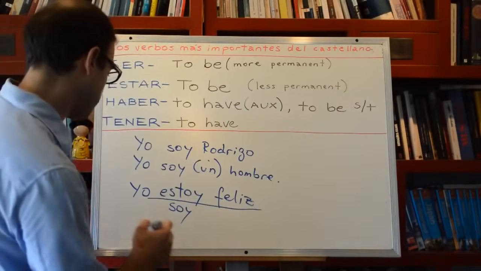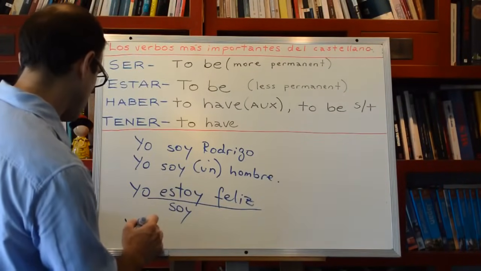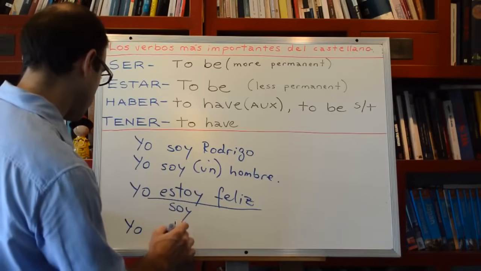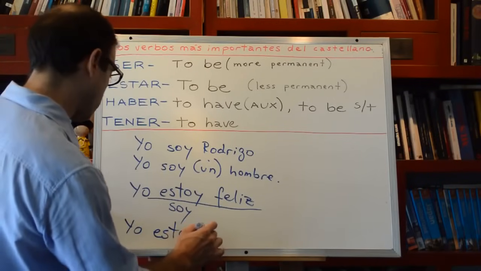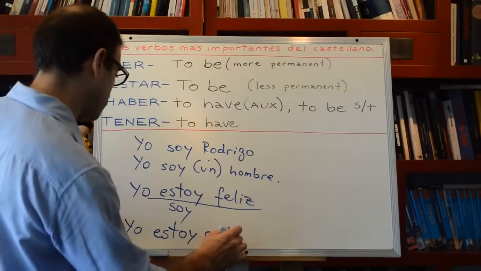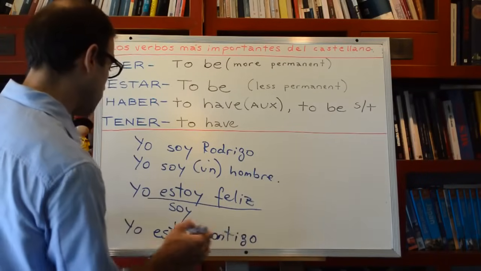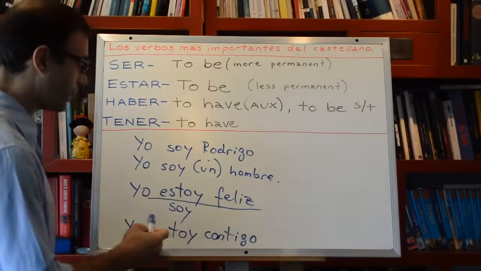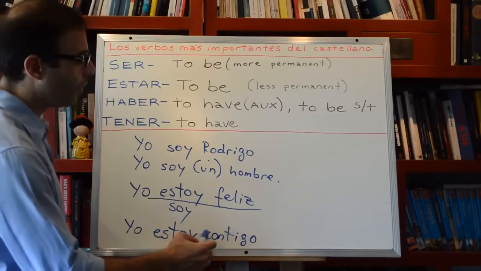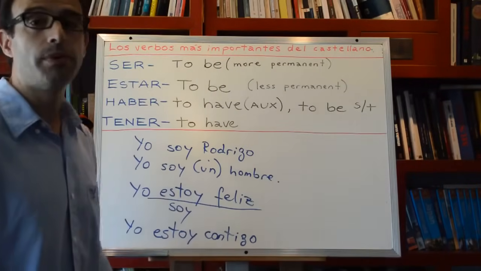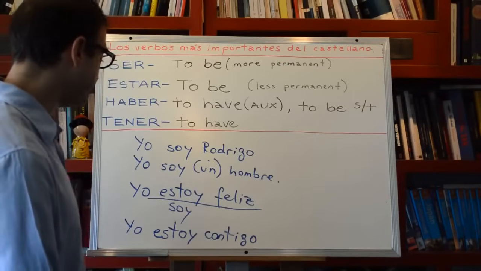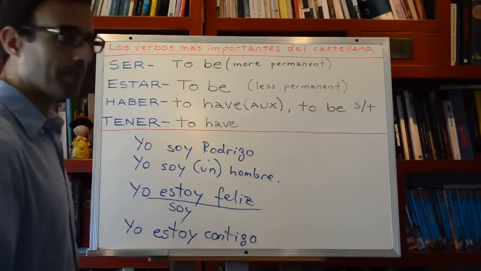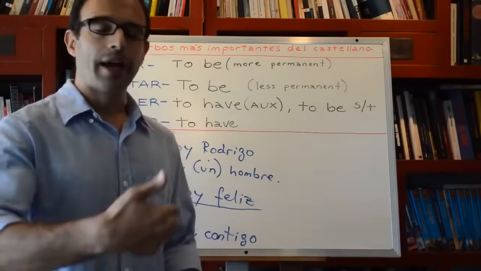Now look at this one. Yo estoy contigo. I am with you. Contigo means with you, okay? So again, I am with you.